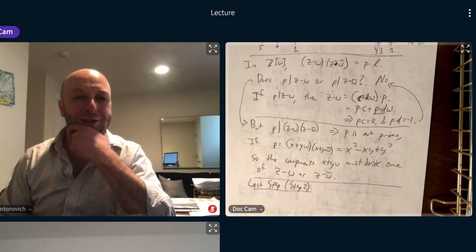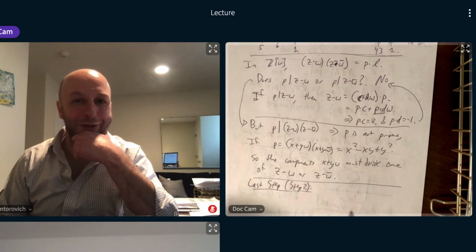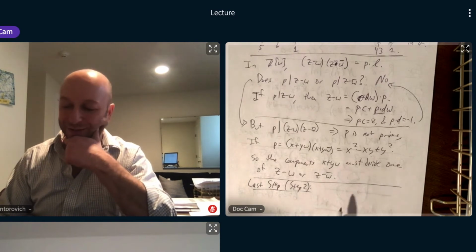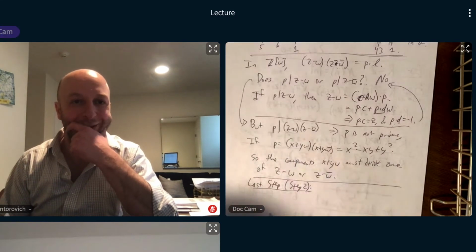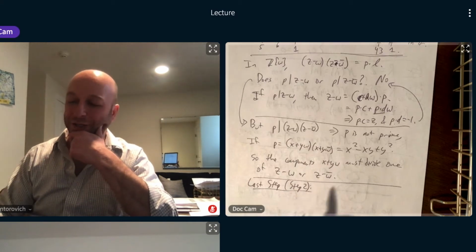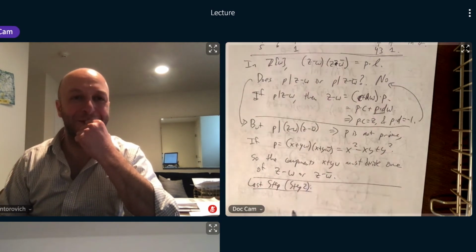Can you lower your hands and then raise your hand if you think you know what the last step is going to be? Once you have this P and you have a Z minus omega, what are you going to do with them? What did we do once we found Z plus I and T in the Gaussian integers?